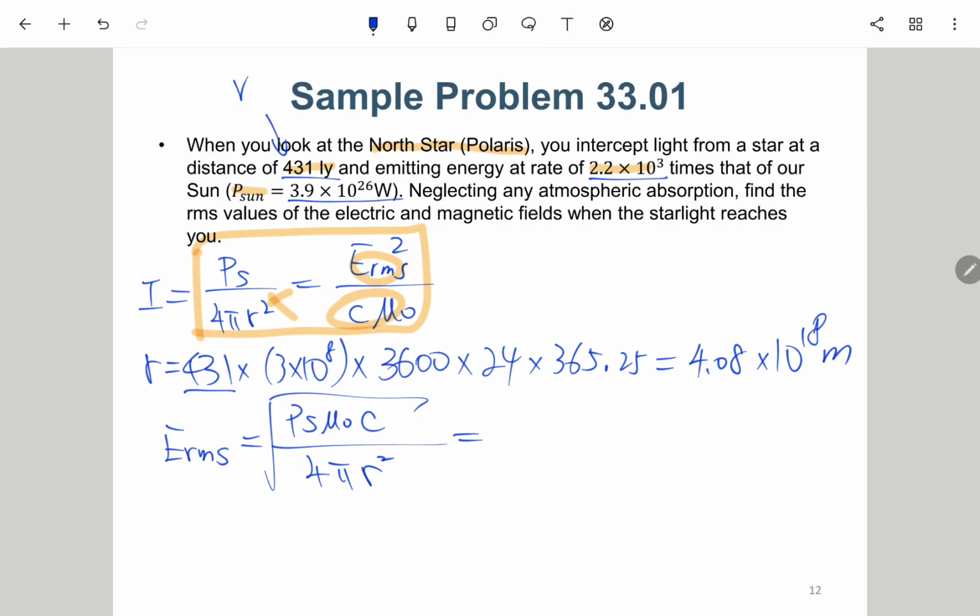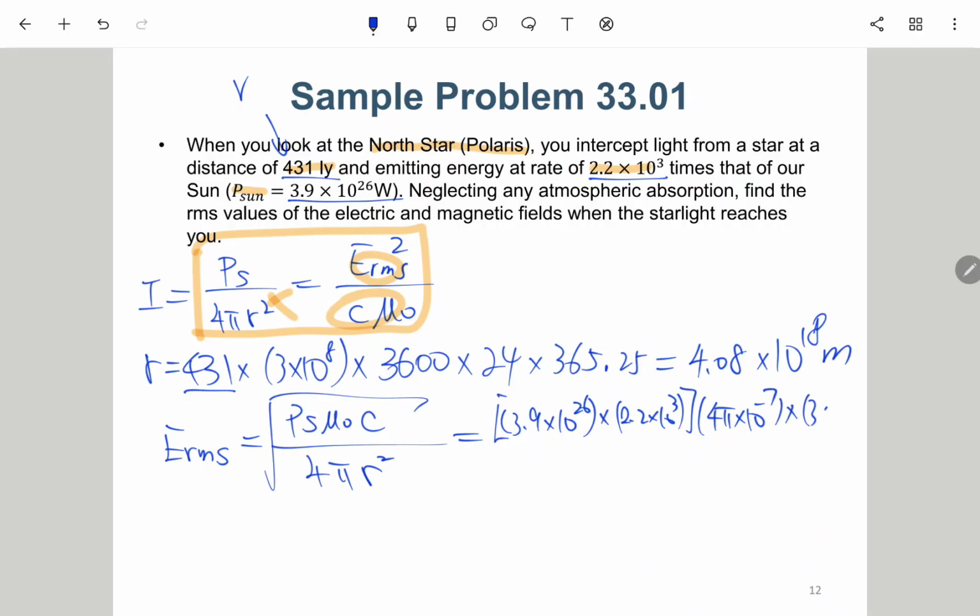So it is actually 3.9 times 10 to the 26 multiplied by 2.2 times 10 to the third power. So this is the PS. And then mu zero is actually 4 pi times 10 to negative 7. Of course, you can combine these two to be 10 to the negative 6, but I just try to remake it there.